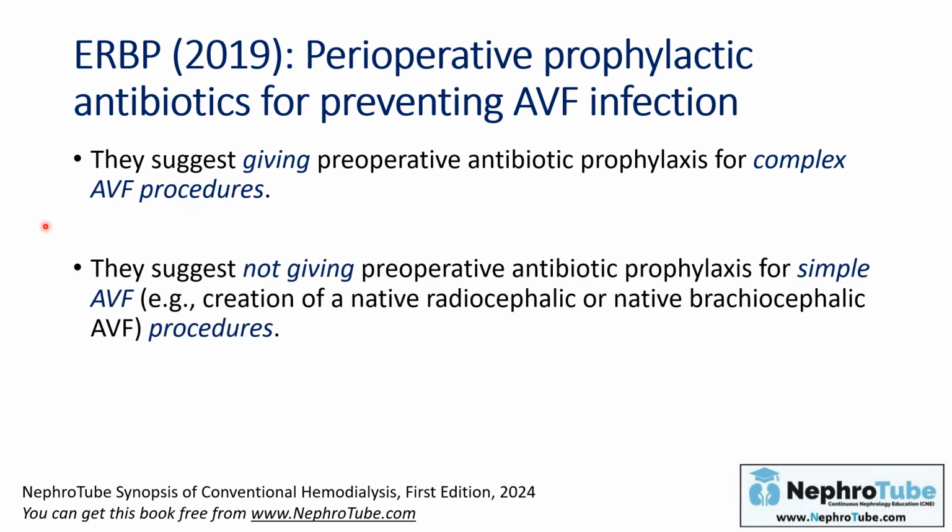But for simple AVF procedures, such as creation of native radiocephalic or native brachiocephalic, it is not recommended to give these patients prophylactic antibiotic. So you have to give it in complex procedures. For example, the patient has deep vein, the patient has previous vascular access complications, whatever the situation.